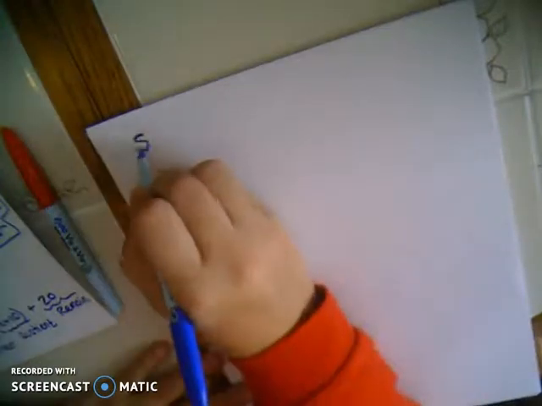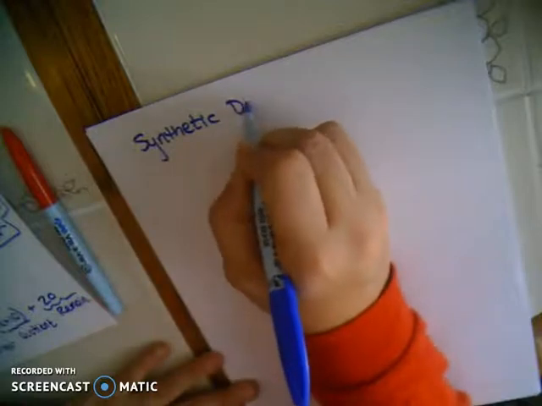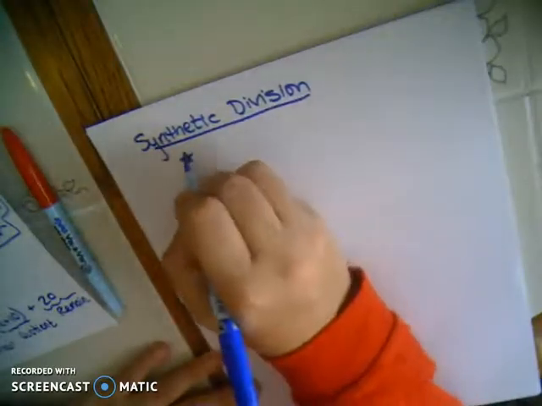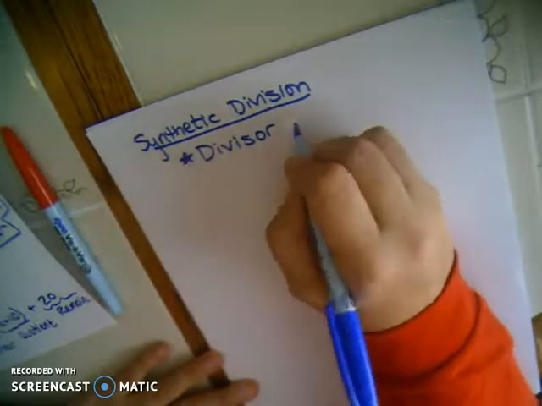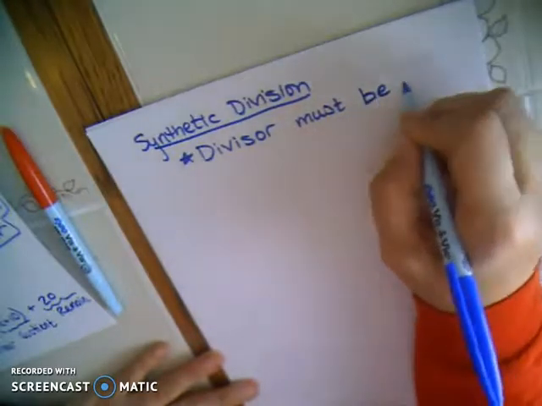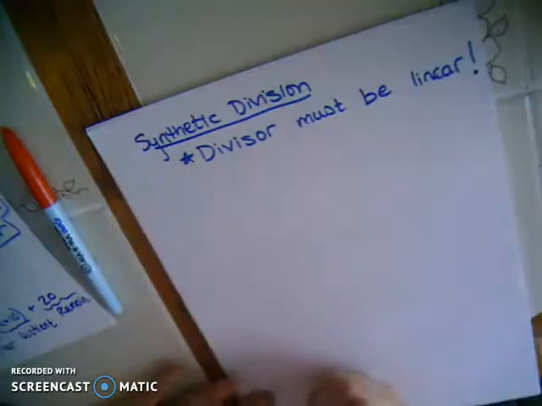In synthetic division, the divisor has to be linear. What you're dividing by must be linear. We cannot do this if the divisor is quadratic or cubic or quartic or anything like that.